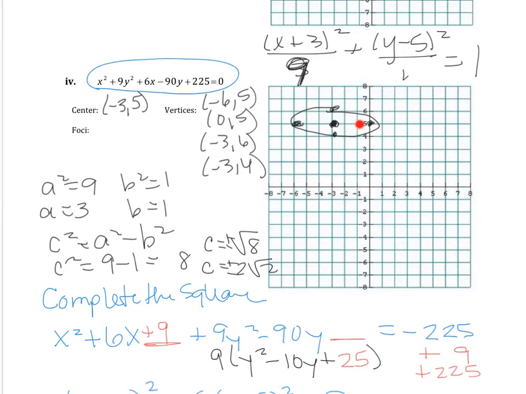So they're 2 root 2 units to the right of the center, 2 root 2 units to the left of the center. So our foci have the coordinates -3 plus or minus 2 root 2, comma 5. So that's 2 coordinates there. -3 plus 2 root 2, comma 5, and -3 minus 2 root 2, comma 5. Okay, so that should fix my errors from the other video.